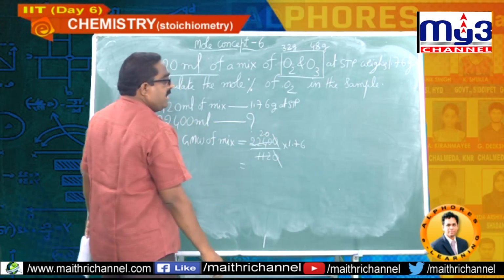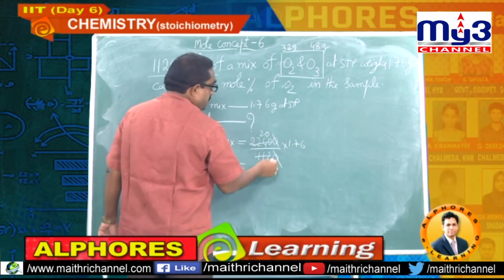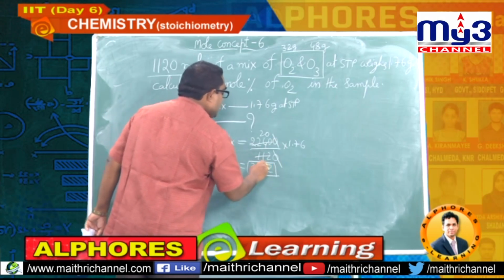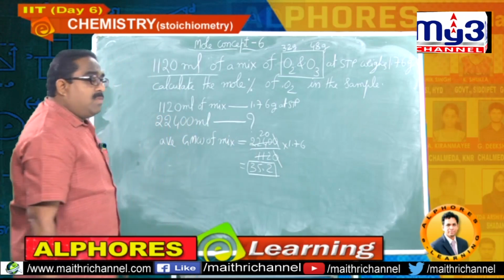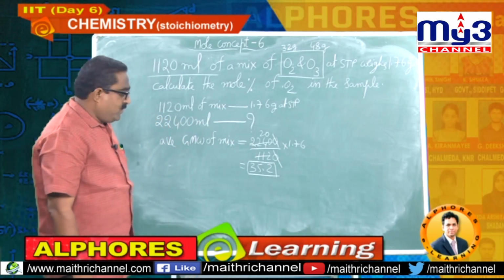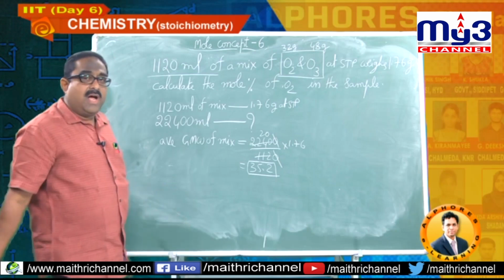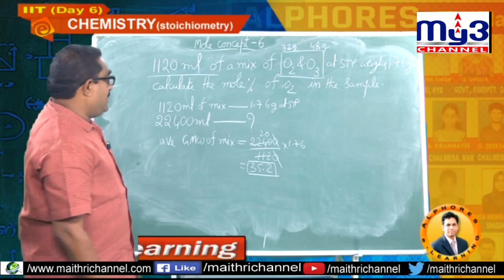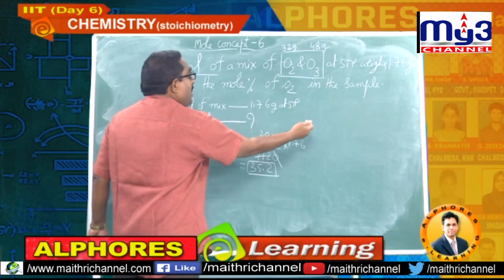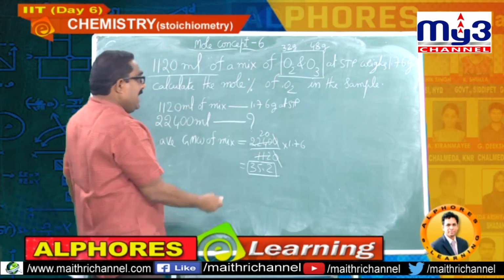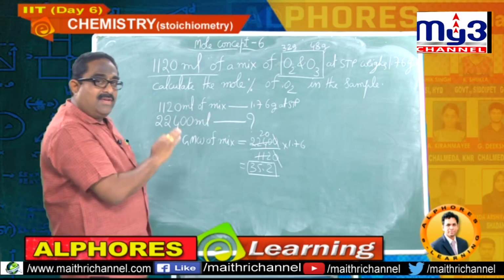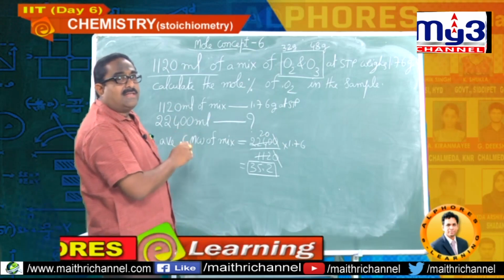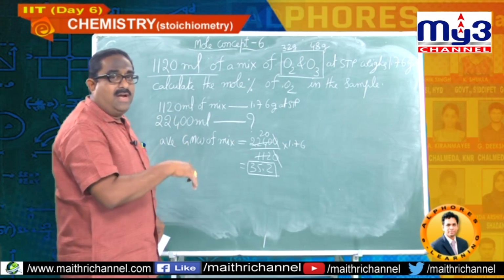So 17.6 into 2, so 35.2 you will get as the average molar mass. Again, from this step onwards, the same approach as in the previous question, but in the previous question he asked for mole fraction, but now he is asking for mole percent. That is the only difference.